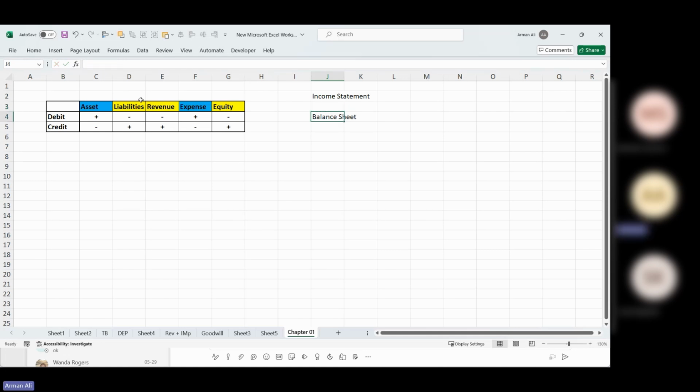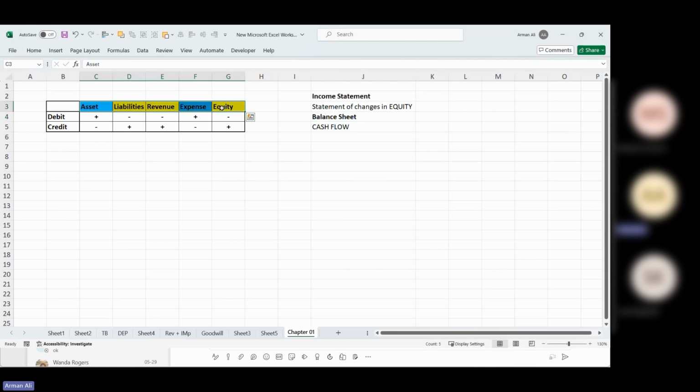But before preparing balance sheet, we prepare a statement of changes in equity. And the last one is cash flow. So we prepare these four statements, and these are the financial statements that we ever have to prepare. That's all we need. Out of these, the two most important ones are the income statement and the balance sheet.